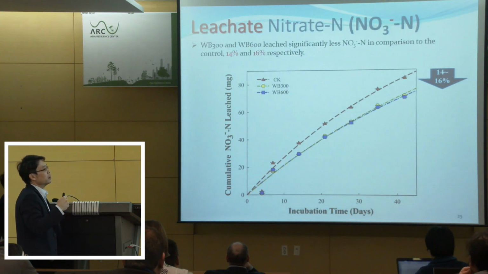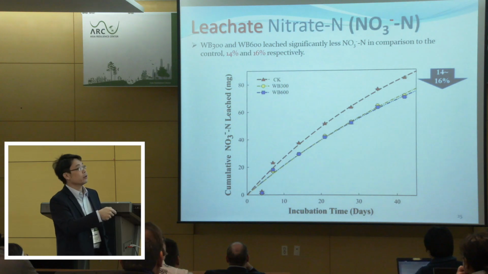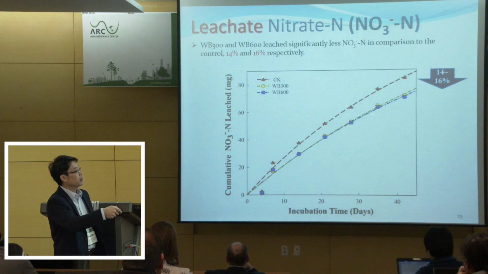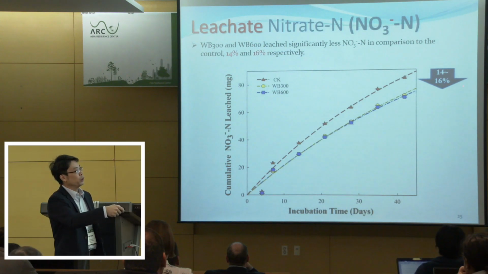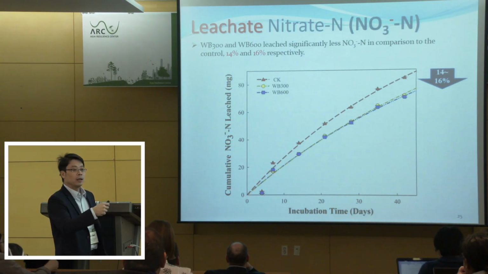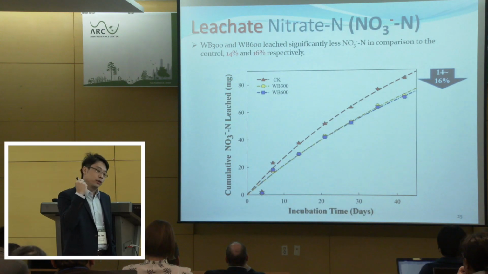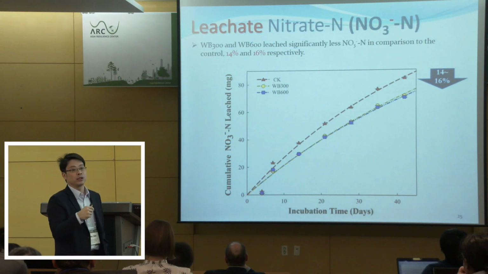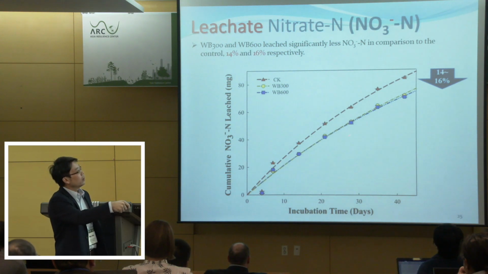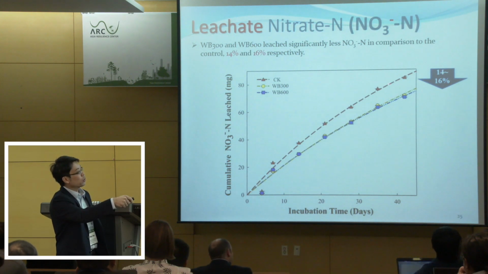For the nitrogen, there's no difference between the two biochars, but if you use biochar in the soil, the nitrogen can also be retained in the sandy soil, as compared to the control.